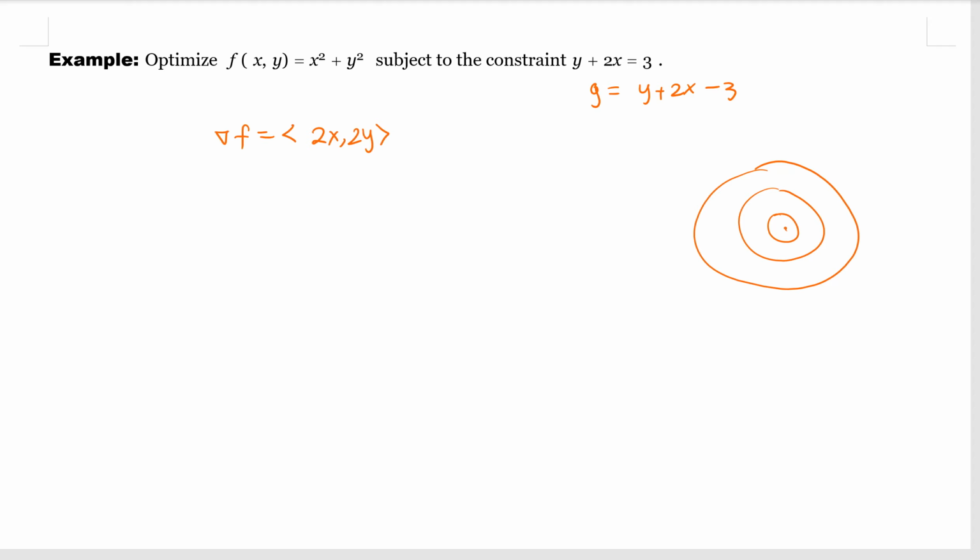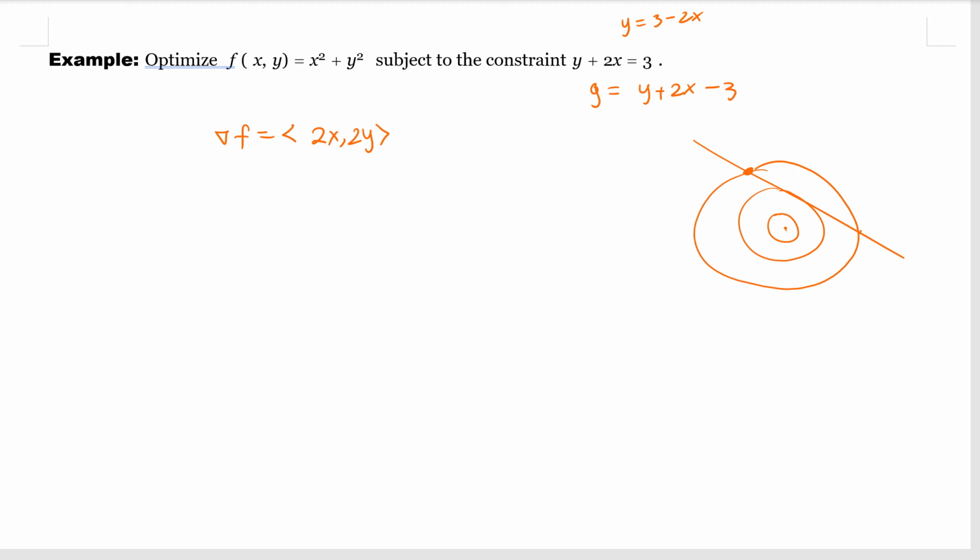This line corresponds to y equals 3 minus 2x. So negative slope, so going down, right? So it's like this. So this is the constraint. Which one is the maximum?